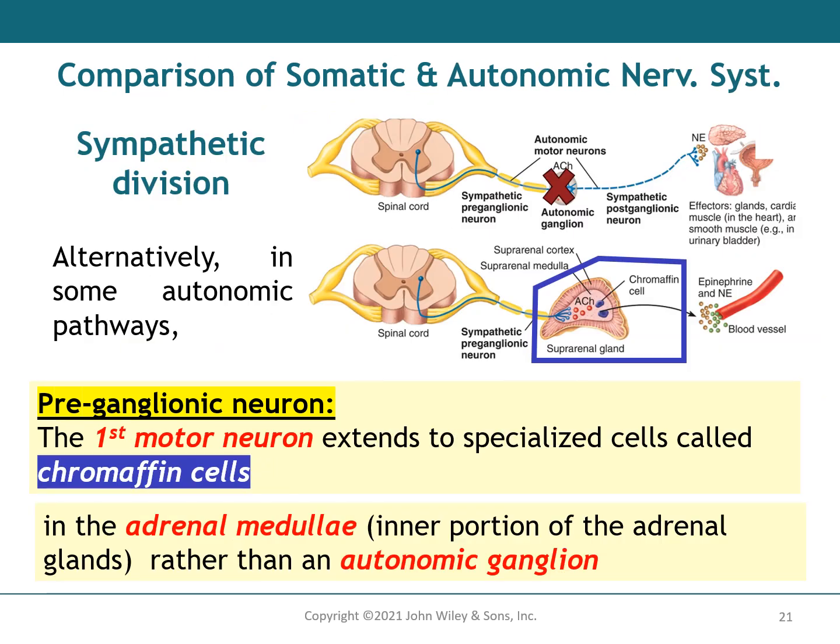So this is the schematic that we just talked about, and here what is going to happen is that we are not going to have the ganglion. What we're going to have in this case is a specialized cell that is called a chromaffin cell. This chromaffin cell can be located above the kidneys in the adrenal glands, and it will be replacing the ganglion.